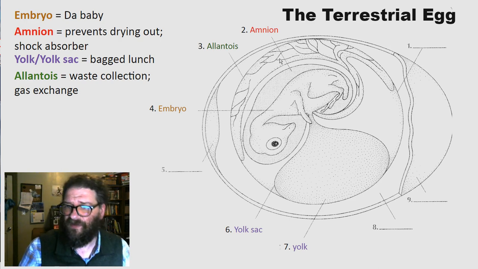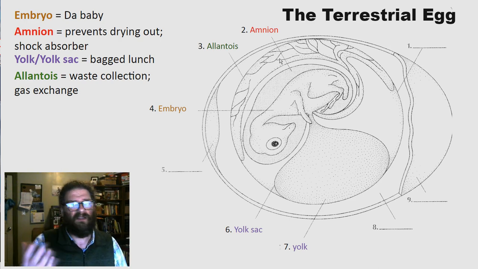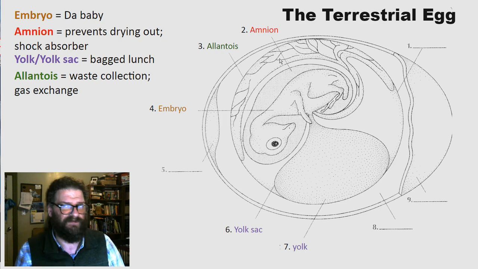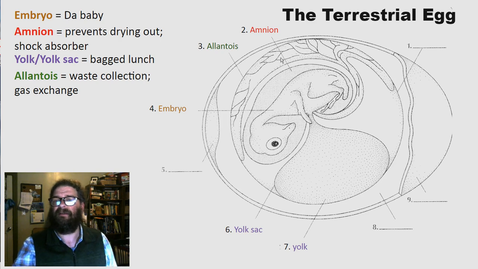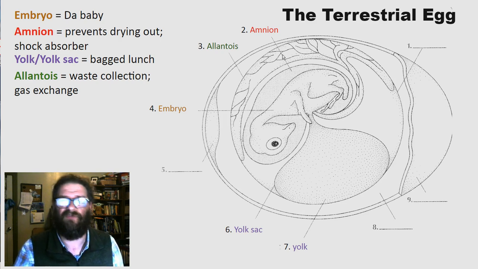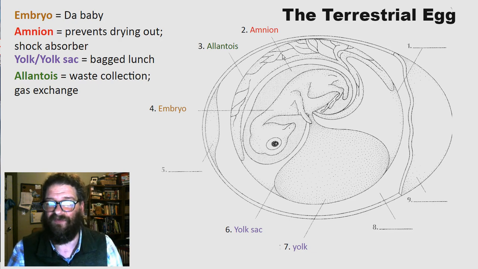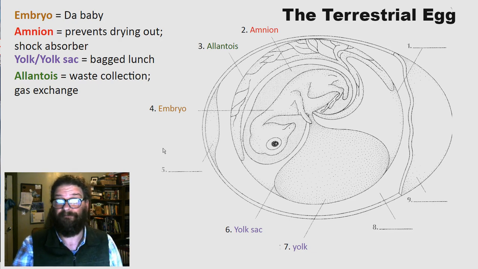The other function for the allantois: if you're going to take in useful materials, you're also going to be excreting. And so the allantois serves as a place for nitrogenous wastes to be deposited and build up as that embryo is metabolizing.